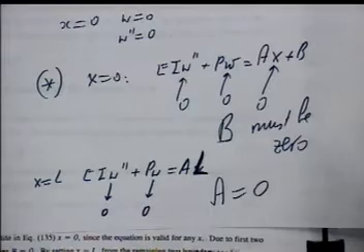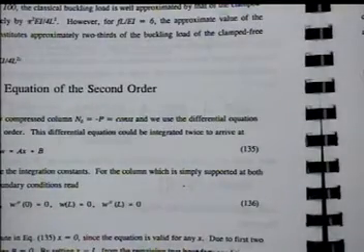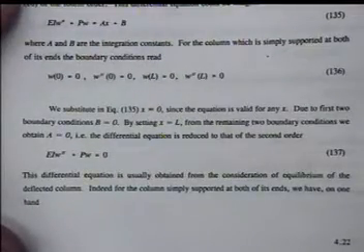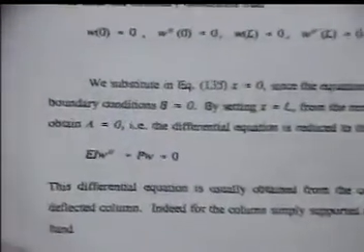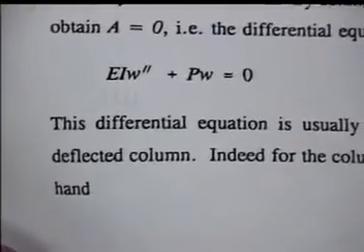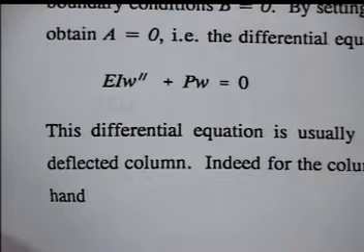So that means that if this is a simply supported column, then we get this differential equation: EI W second derivative plus P W equals 0.